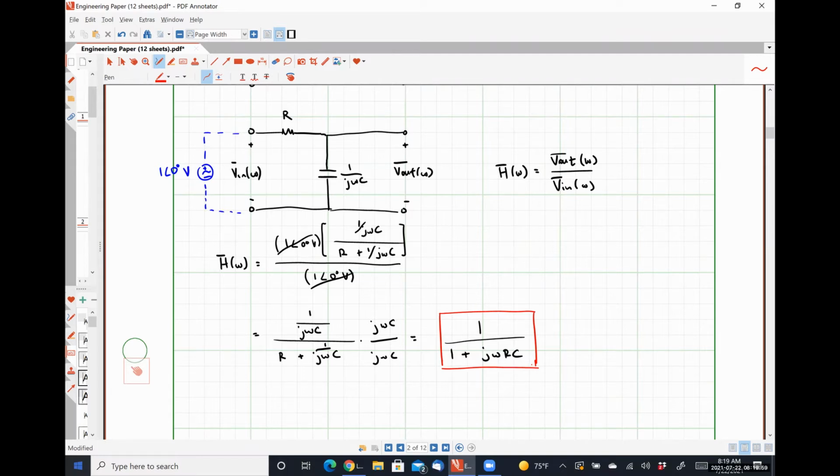Now, if we were to try to plot this, we would have some difficulty because there are complex numbers involved, right?